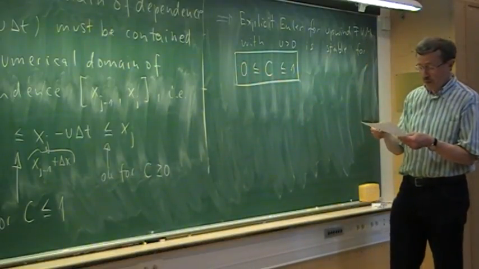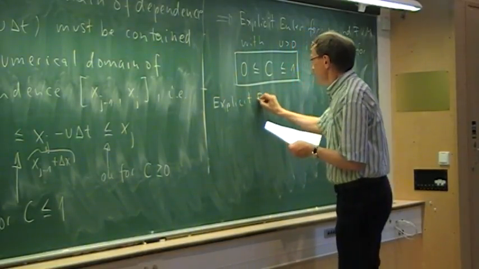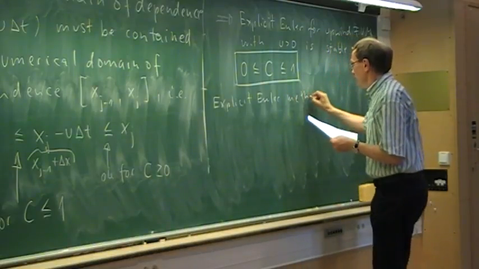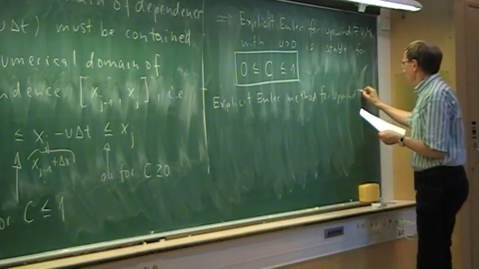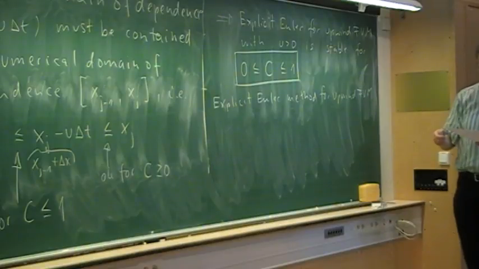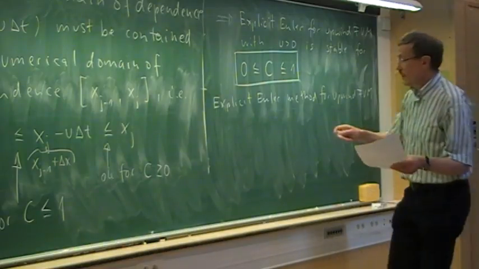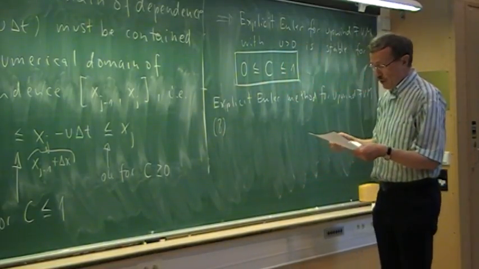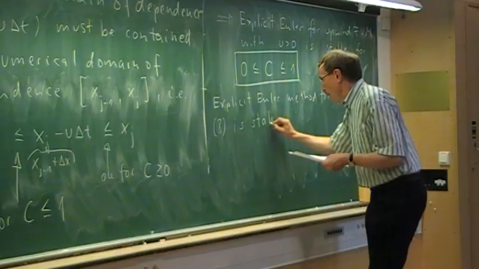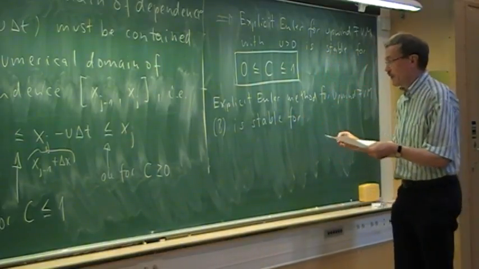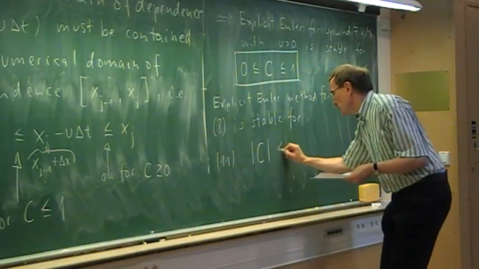So in the end, we can argue that the explicit Euler method for the Upwind finite volume method, the one that we discussed in the beginning, number 8, for both positive and negative u, is stable for, and the general condition, which I call number 11, that the absolute value of the Courant number is smaller or equal than 1.